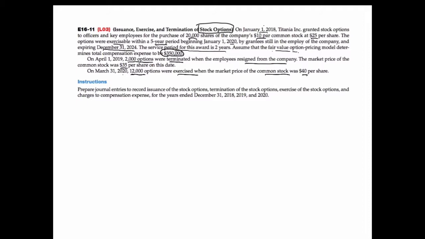So what it's asking us to do here is prepare journal entries to record the issuance of the stock options, a termination when that employee left, and the exercise of the stock options. So we're going to set up, let's do it in blue, the Titania Company General Journal.